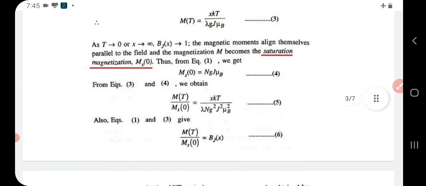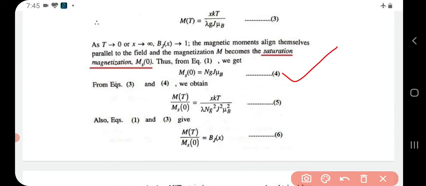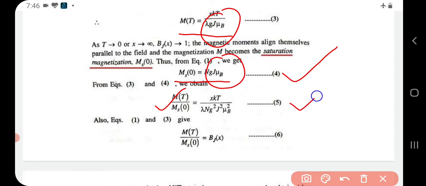Okay, so equation 4. Now from equations 3 and 4, just divide equation 3 by equation 4, that is M_T by M_S0, and then you will get equation 5.